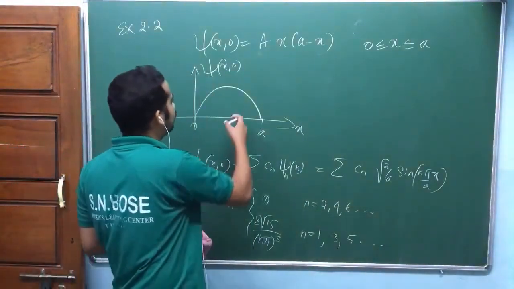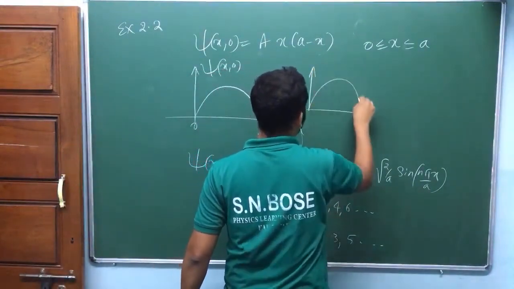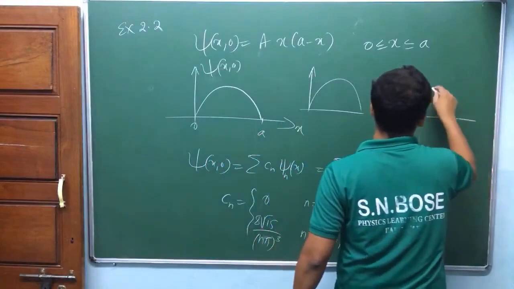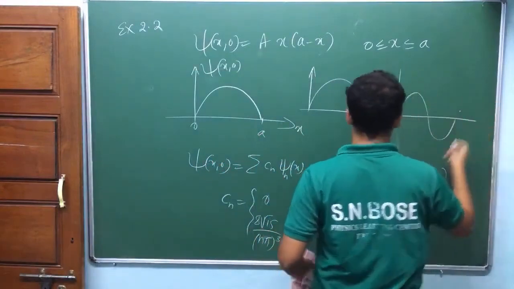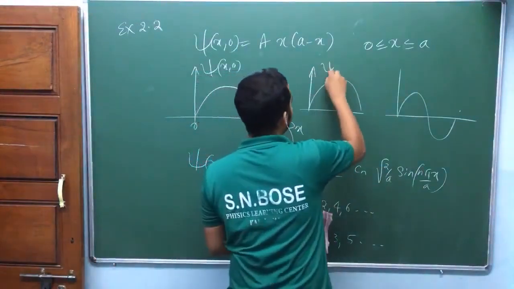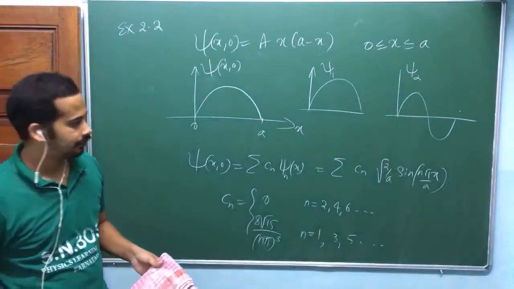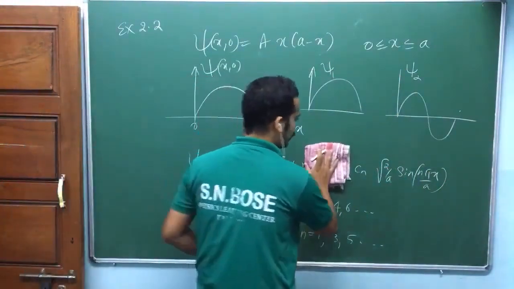Now, we are decomposing this one into, look at here, the ground state, into the first excited state, into the second excited state, like that, am I right? We are decomposing this into psi 1, psi 2, psi 3, like that. Is that okay? So let me rub out this one.